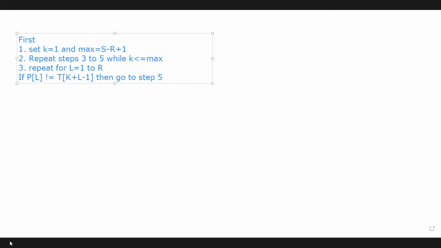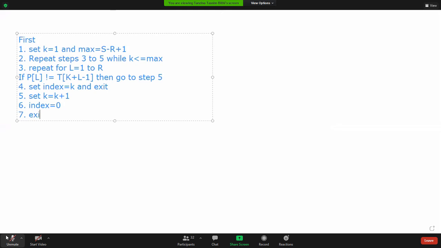Okay, and step number 4, set index equals to K and exit. Then 5, set K equals to K plus 1. Okay, and number 6, index equals to 0, and then exit. So this is our first pattern matching algorithm.